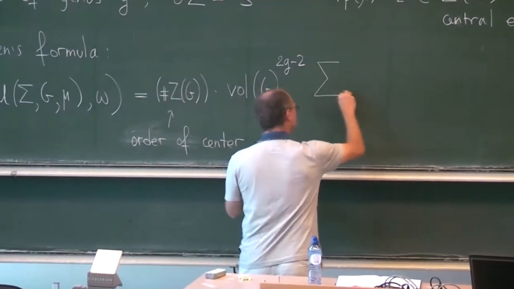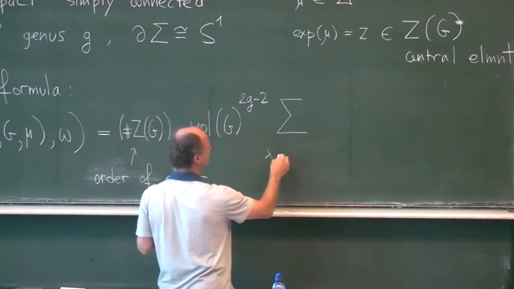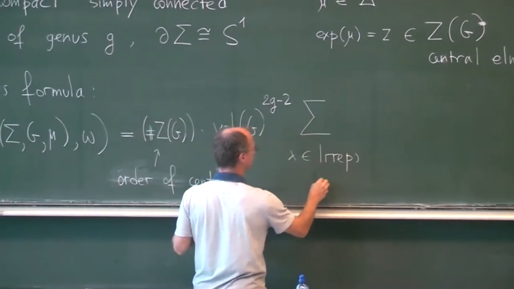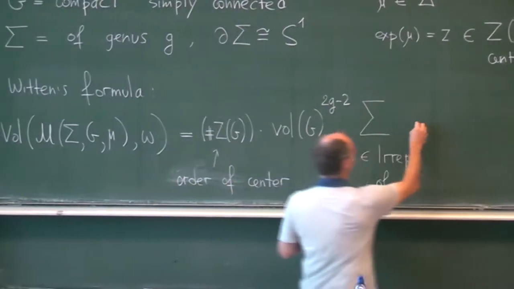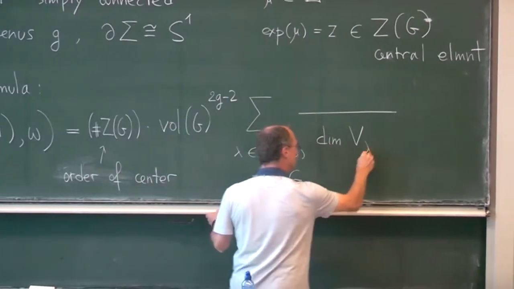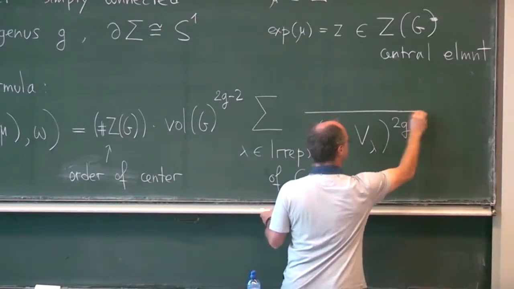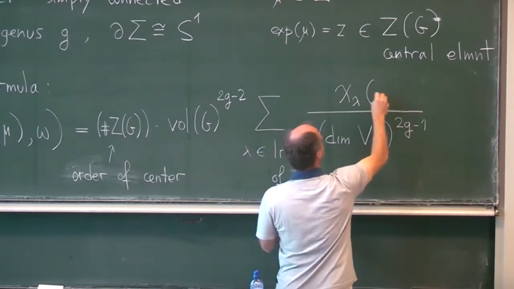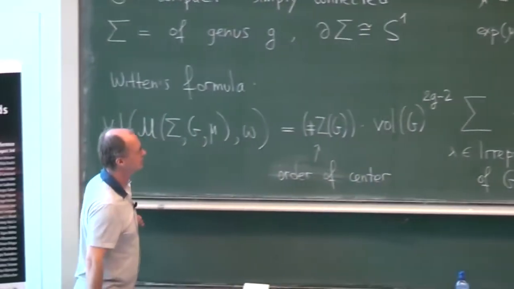And then there is this interesting sum over lambda, the dominant weights, or let's say lambda irreducible representations of G. And here there are those interesting denominators: the dimensions of those irreducible representations to the power 2g minus 1, and here there will be a character of this representation computed at the central element z.